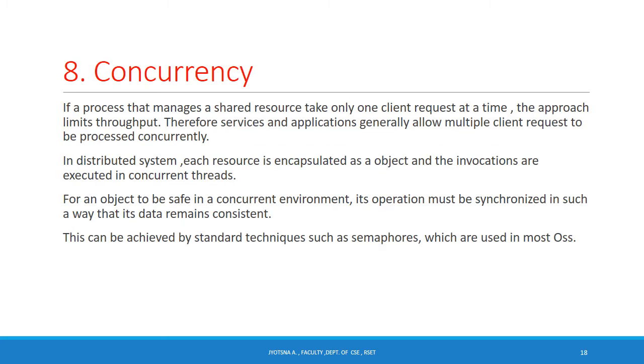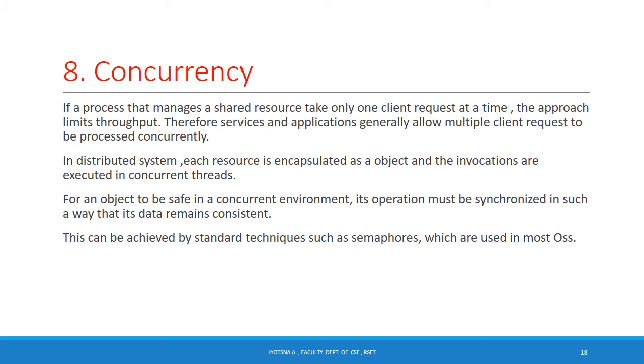The eighth characteristic of a distributed system and a challenge of distributed system is concurrency. If a process that manages a shared resource takes only one client request at a time, this approach limits throughput. Therefore, services and applications generally allow multiple client requests to be processed concurrently.